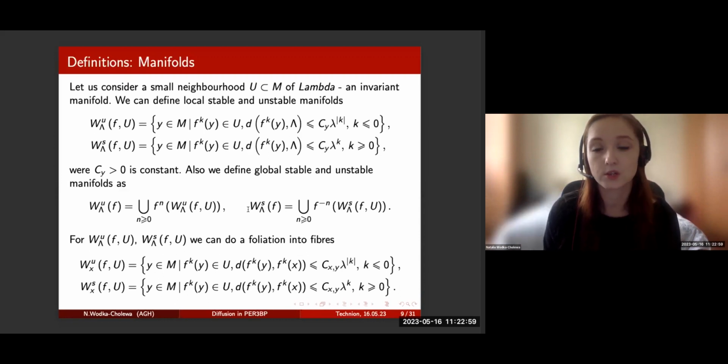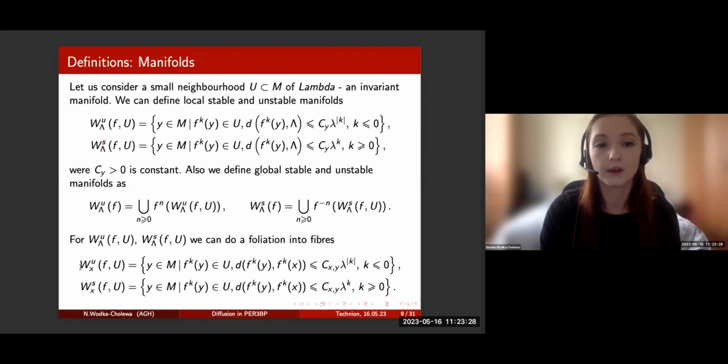We can do a foliation into fibers. A foliation, you can think about as a decomposition into small submanifolds that have some properties, more or less. And fibers are these parts of our manifold. So the foliation goes by the lambda.